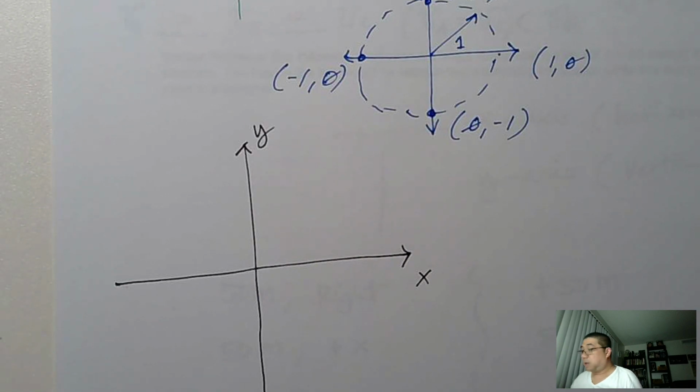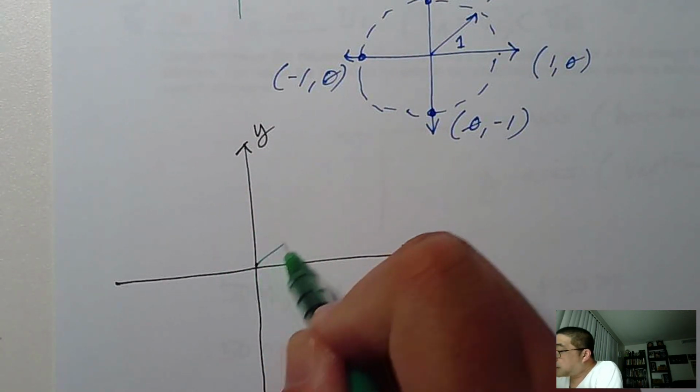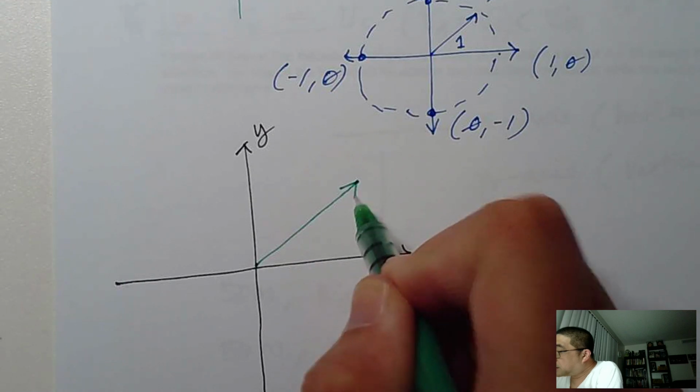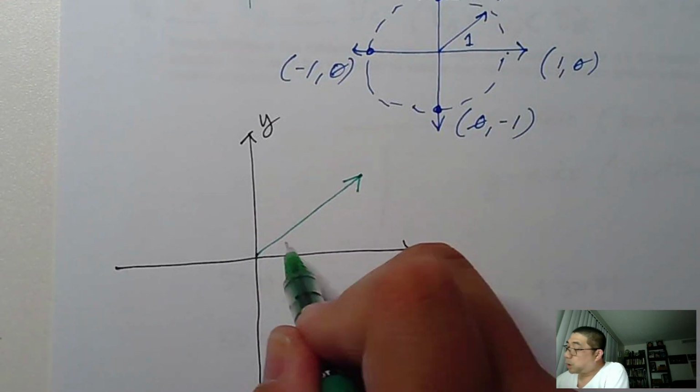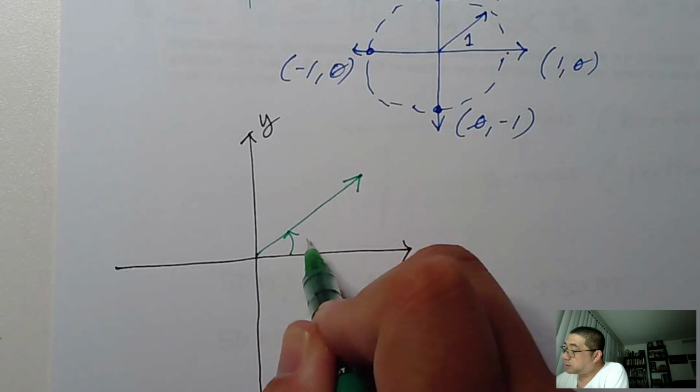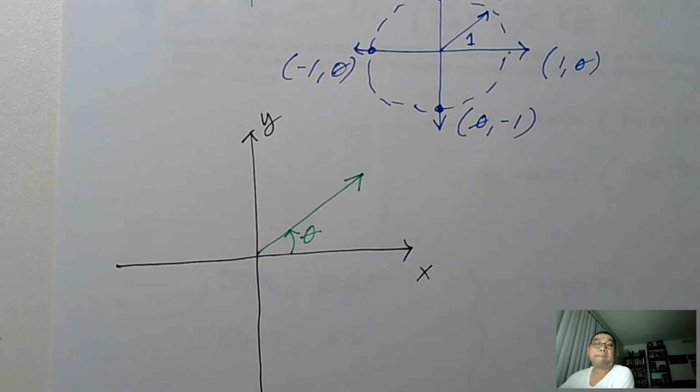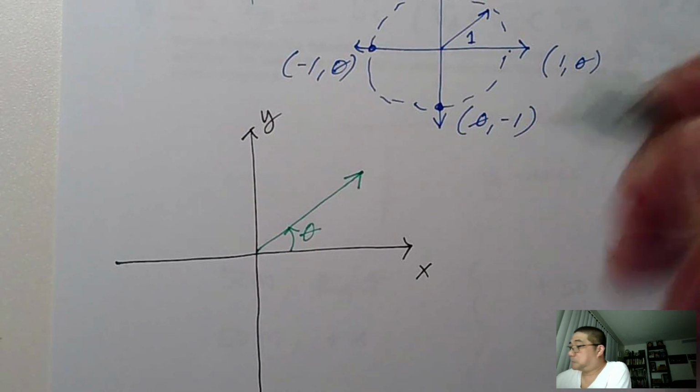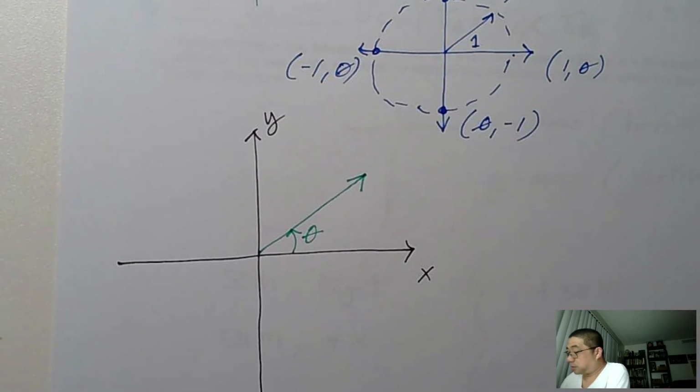What happens if I have a vector that is at this point right here, and it's measured at an angle, let's say theta? Is your x-axis 0? If you go back to the last video, is your y-axis 0?